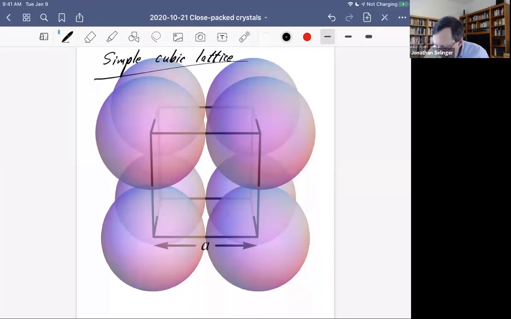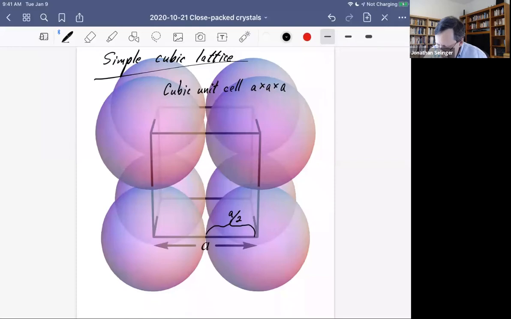If we do that, then we get a cubic unit cell, which has some size a. So it's a cube that is a by a by a, and it is made up of spheres, and the radius of each sphere is this distance a over 2.